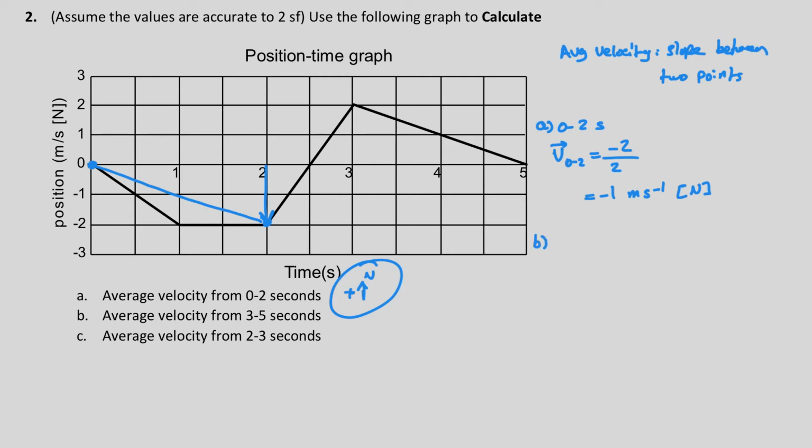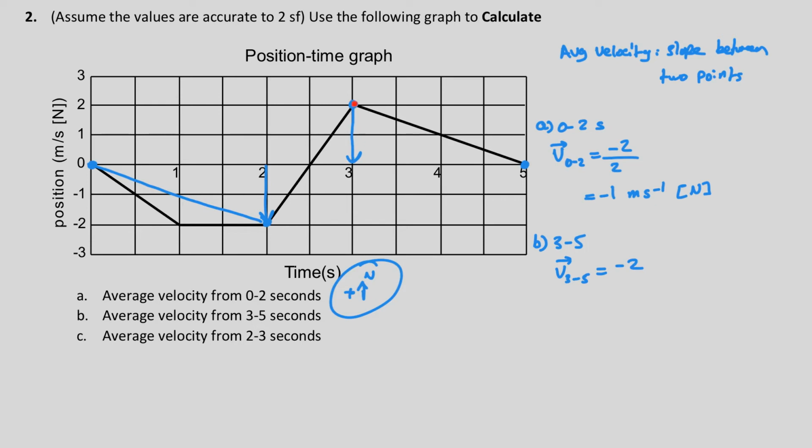How about B? We're looking at 3 to 5 seconds. So 3 is here, 5 is here. The slope there, you got a rise. So I'll actually write it down first. The average velocity from 3 to 5 is going to equal the rise in this case, which is -2 again.